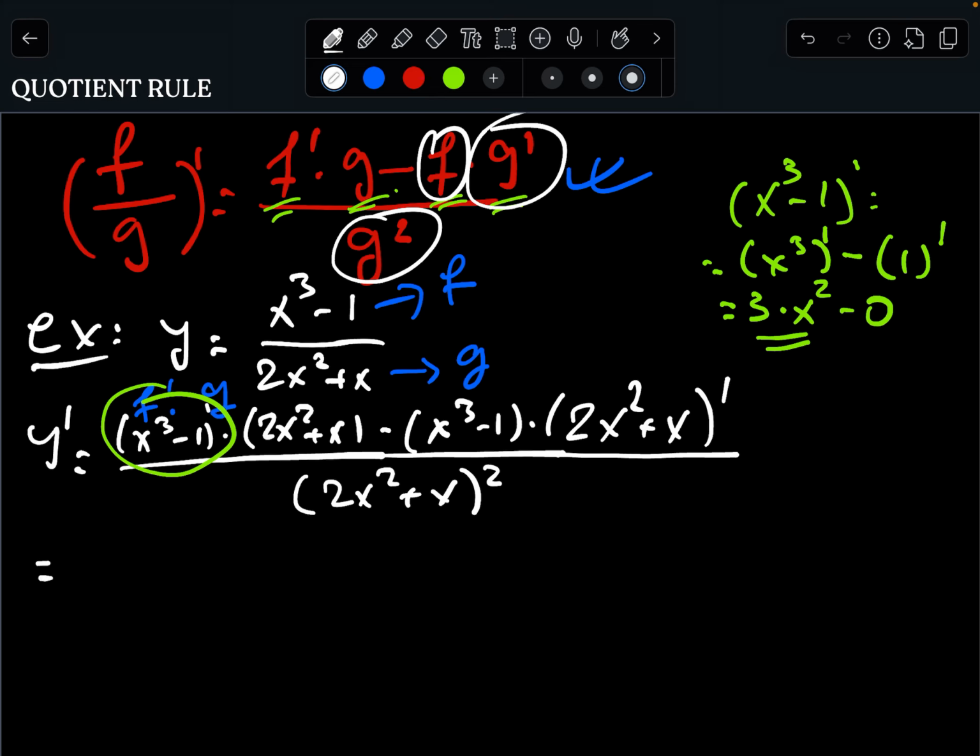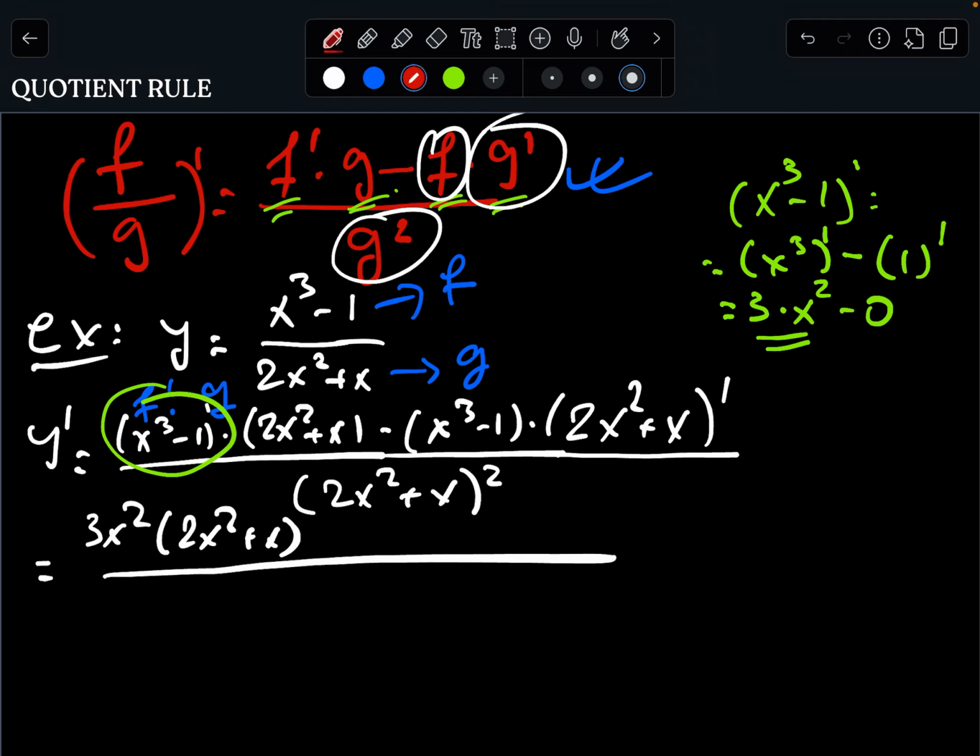So this is equal to 3x squared times 2x squared plus x. Okay, so this is just this part right here. And we follow the formula, minus x cubed minus 1 times this derivative that I'm going to evaluate on the side, derivative of 2x squared plus x, prime.